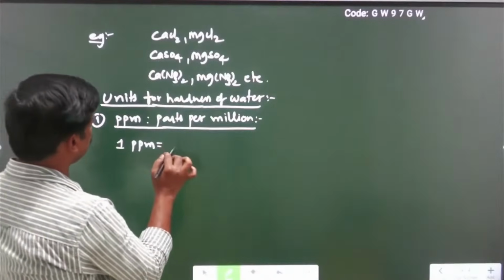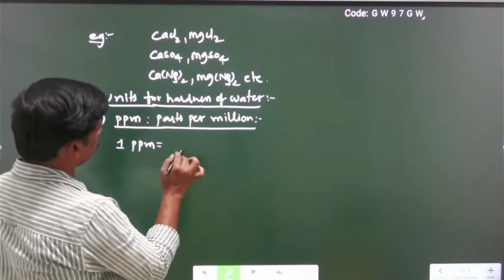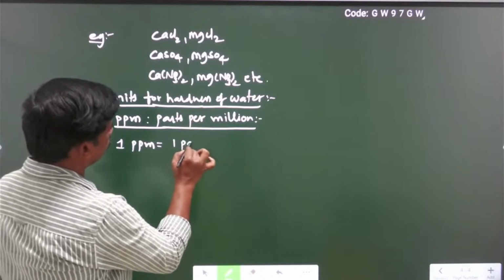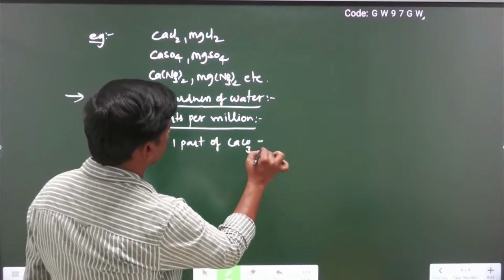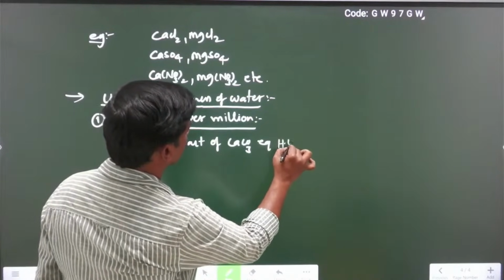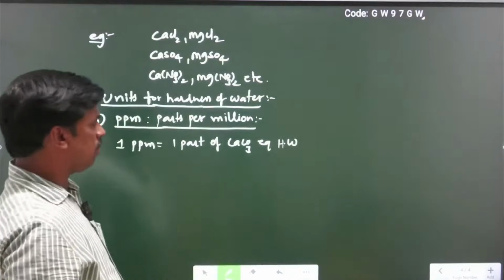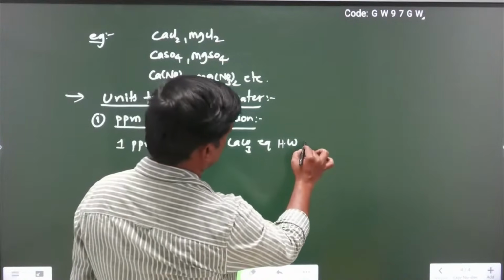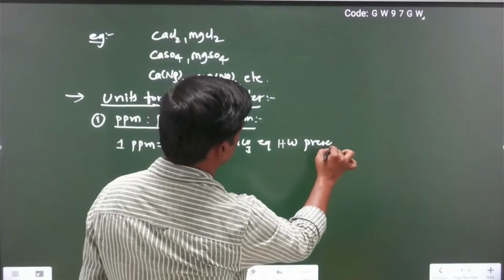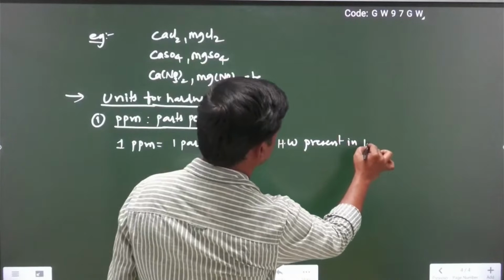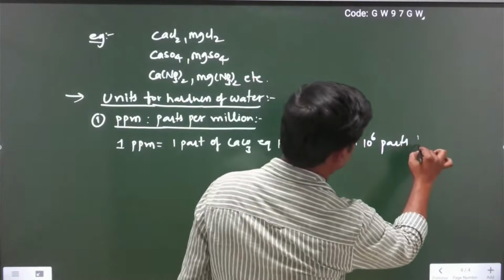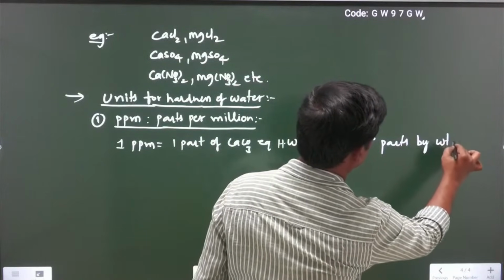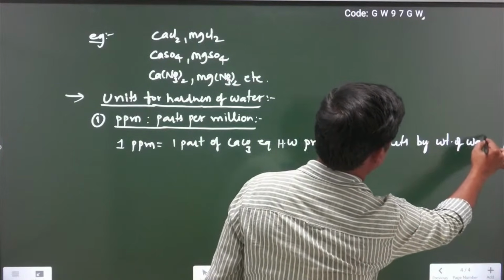Here 1 ppm is equal to 1 part of CaCO3 equivalent hardness present in 10 to the power of 6 parts by weight of water.